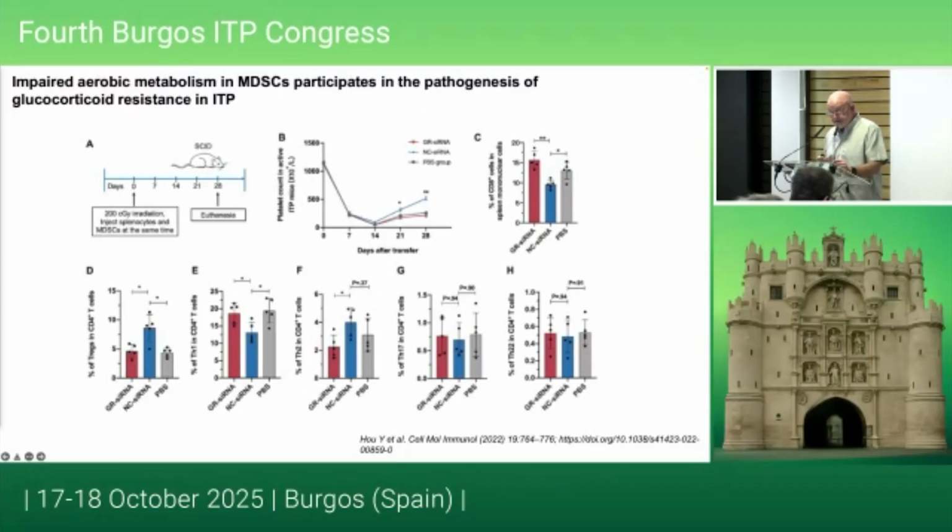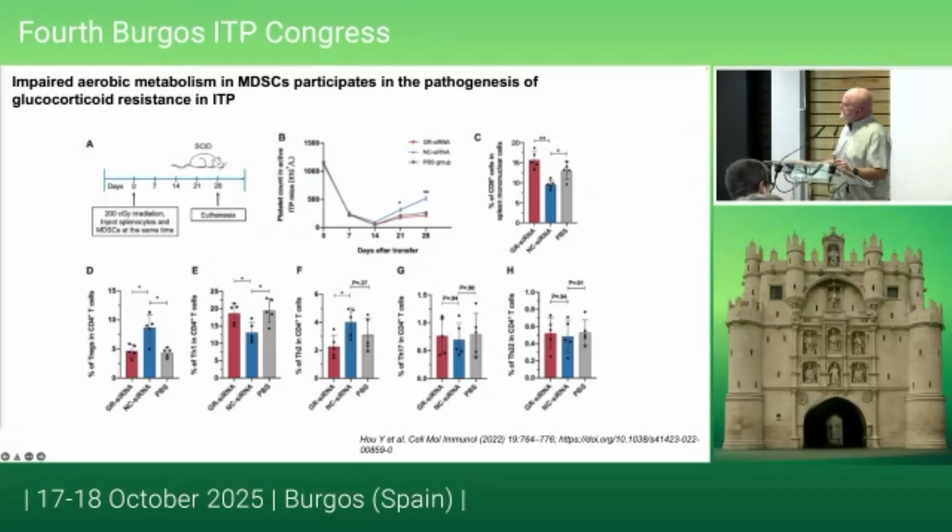The other one was just published a few years ago from Ming Hu's group. It seems that in these MDSC populations, there's an impaired aerobic metabolism, and it seems to participate in the pathogenesis of, again, glucocorticoid resistance. You can see that mice that are given an inhibitor of the glucocorticoid receptor don't respond at all to, in this case, dexamethasone again, but the wild type ITP mice do respond to the steroid.